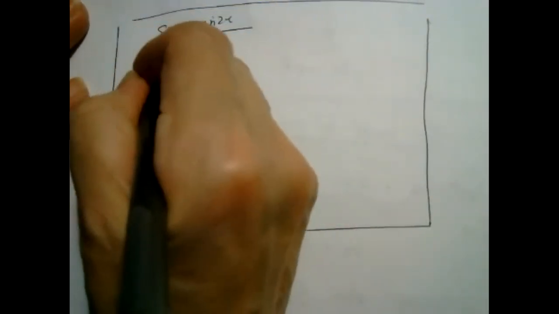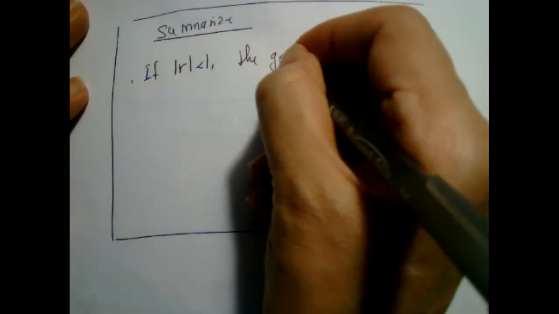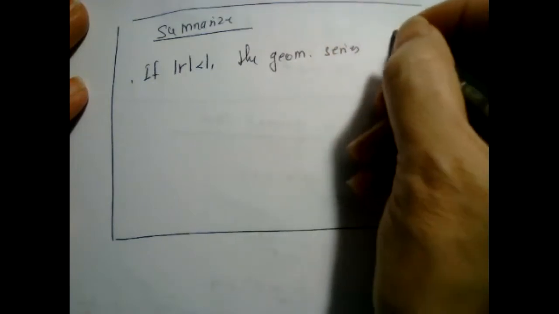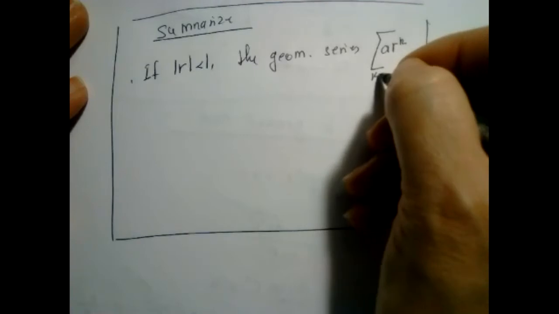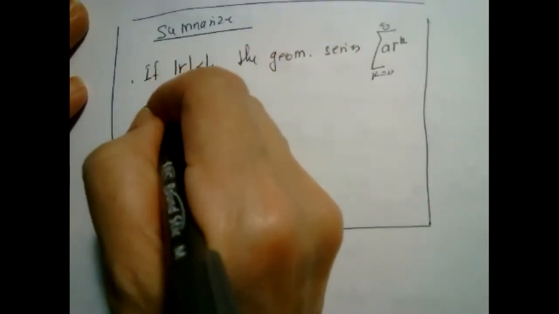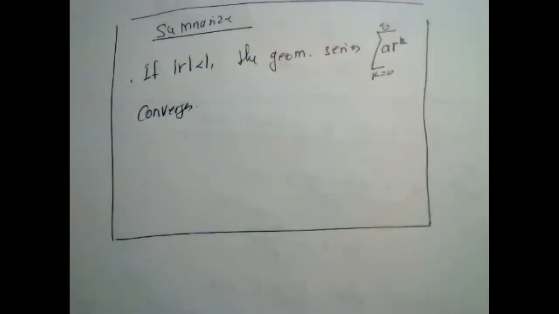If r, the ratio, is less than 1 in absolute value, the geometric series sigma a r to the k, k equals 0 to infinity, converges. It means that as we add more terms, we get close to something.